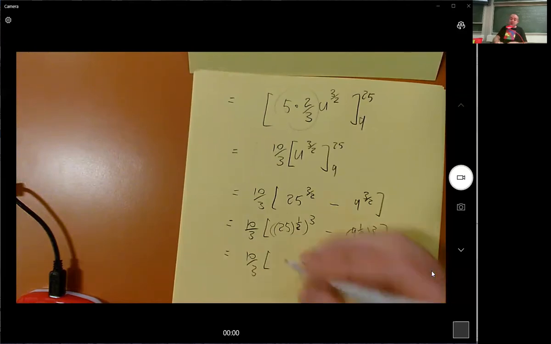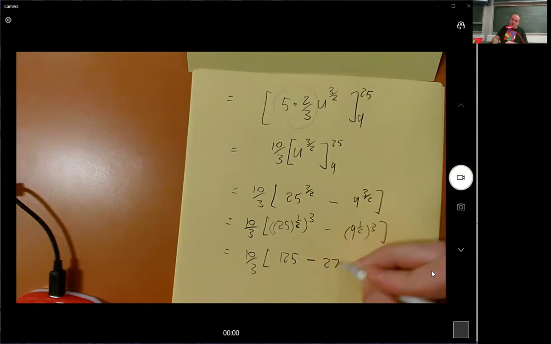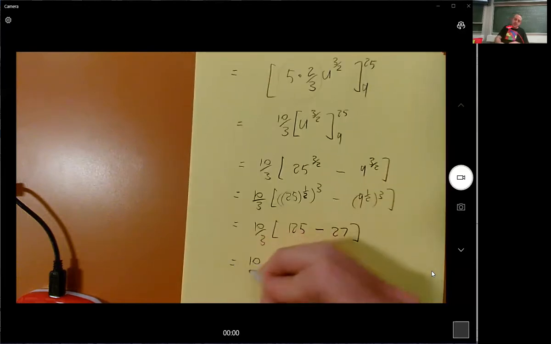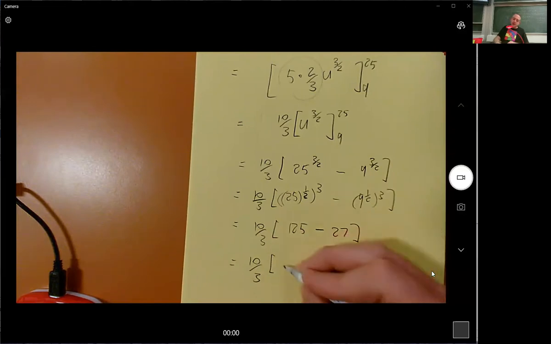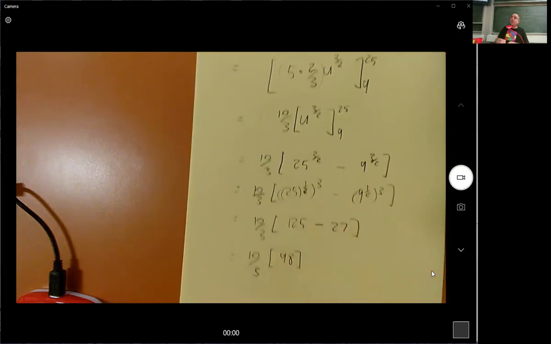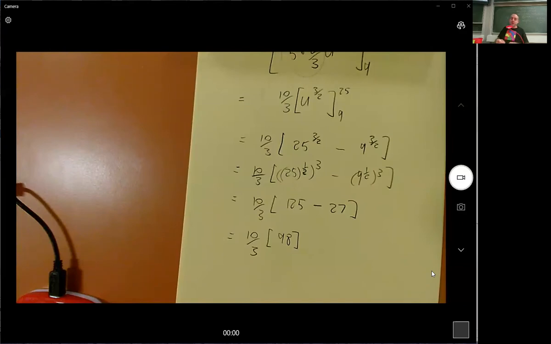And 5 to the power of 3 is 125. And 9 to the power of a half is the square root of 9, which is 3. And 3 cubed is 27. So 10/3 of, what's that? 98, which is nothing pretty. So 980 on 3. It's a perfectly good number.